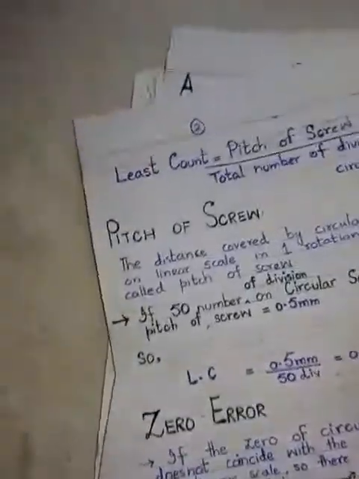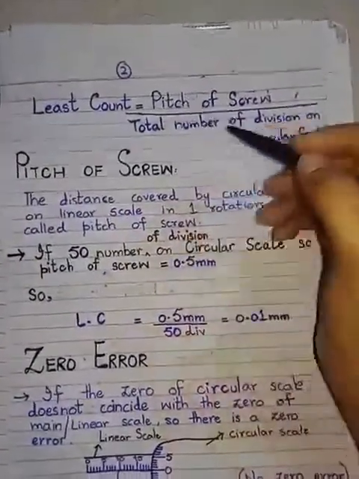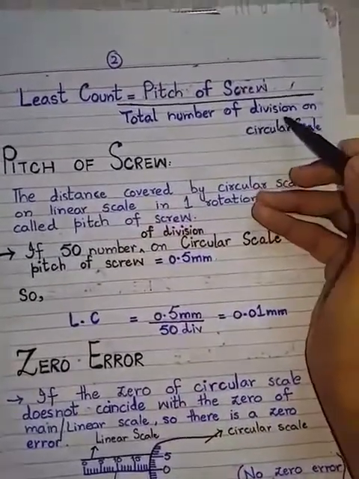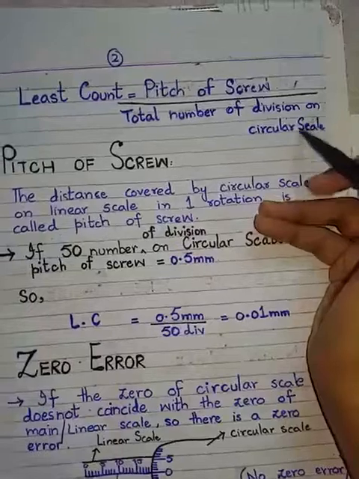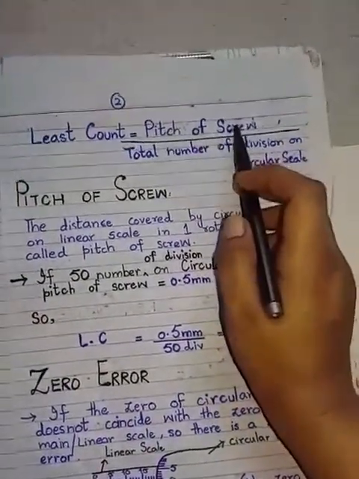Girls, the least count of the screw gauge can be calculated with a formula. The least count of the screw gauge is equal to the pitch of the screw divided by the total number of divisions on the circular scale. What is the pitch of the screw?